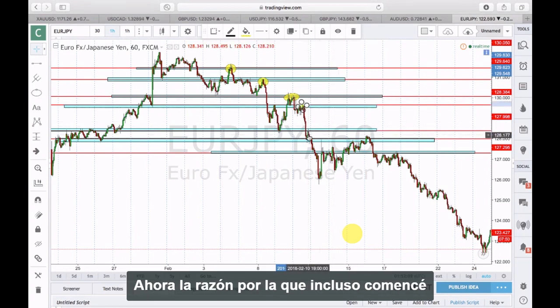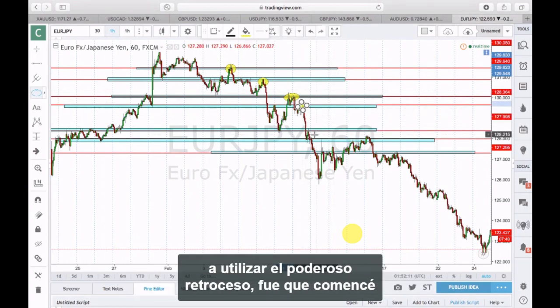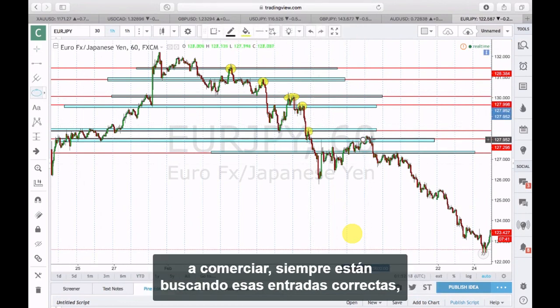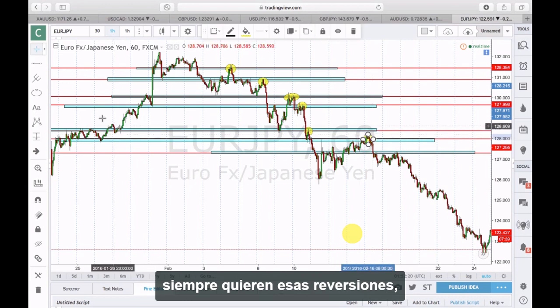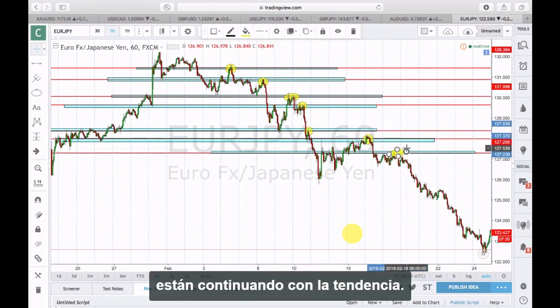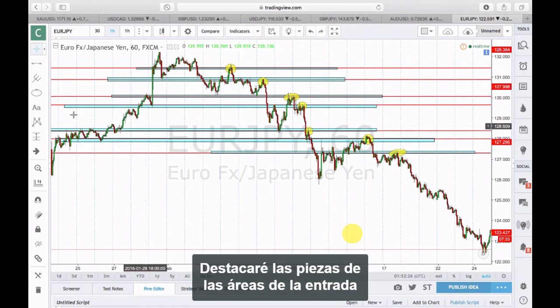Now, the reason why I started utilizing the power of pullbacks was I started to notice that when we first start trading, we're always looking for those proper entries. We always want those reversals, but in all reality, the big moves are just continuing with the trend, okay?